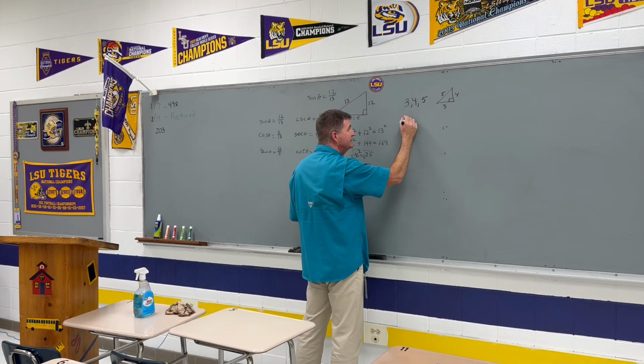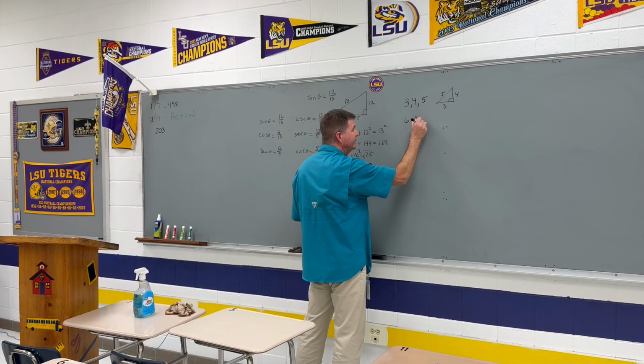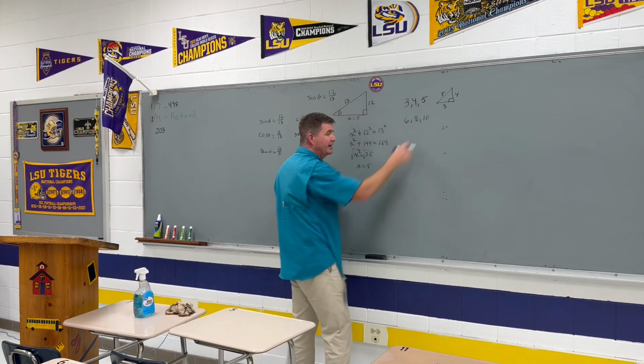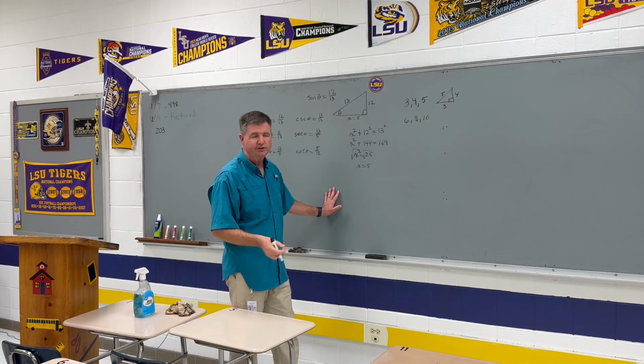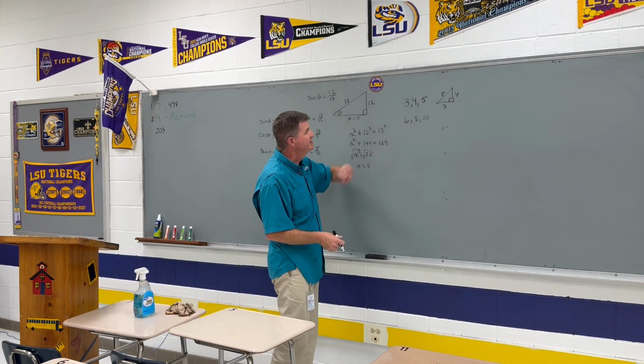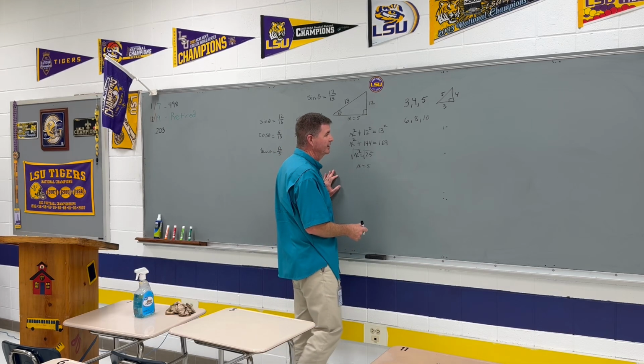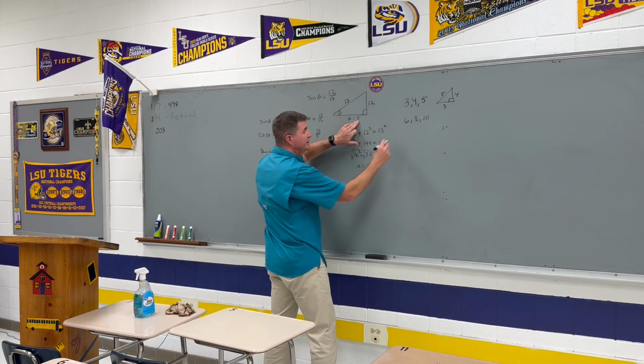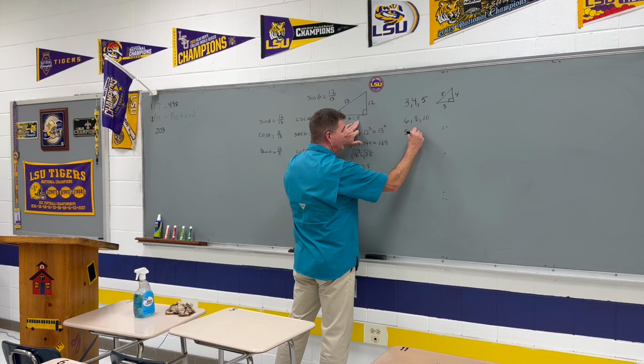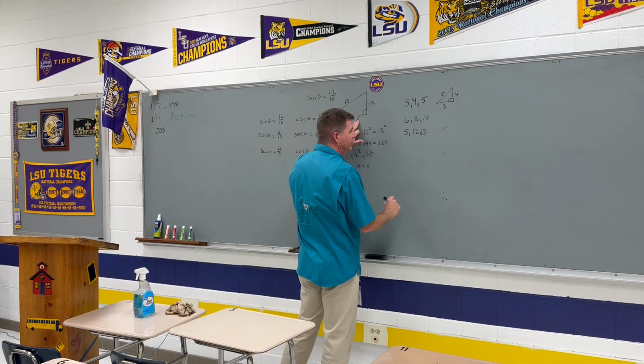If I double this, I would get 6, 8, 10. And there's any derivation of that, triple it, quadruple it, and so on. But this is used a lot, the 6, 8, 10 right triangle. This one here is the 5, 12, 13 right triangle.